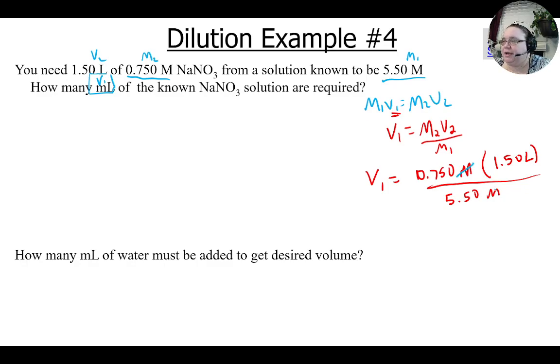All right, molarity cancels. We're left with liters. Liters is a measurement of volume. So handy dandy calculator. 0.75 times 1.5 divided by 5.5 gives me my V1 is 0.20, says 4 or 5 on the calculator.